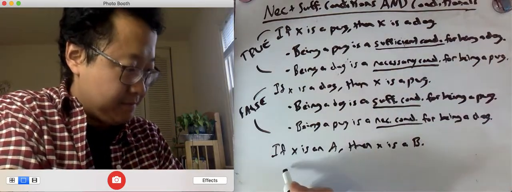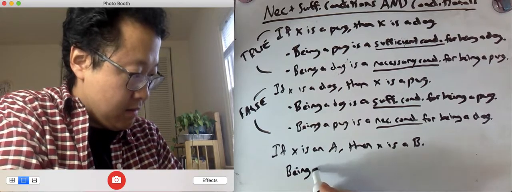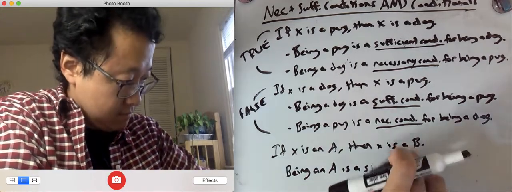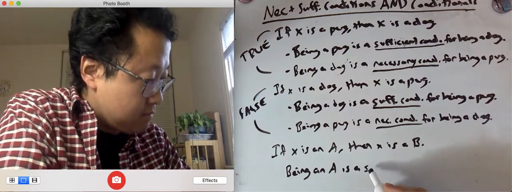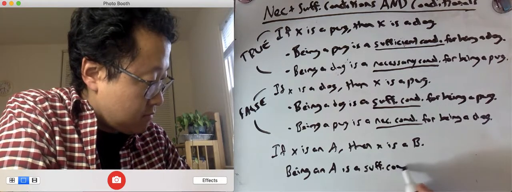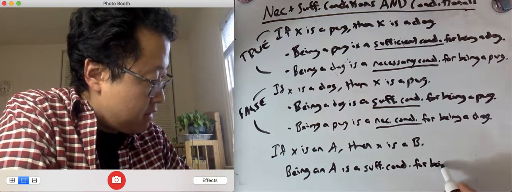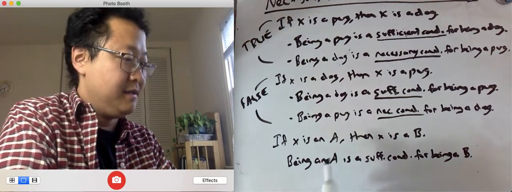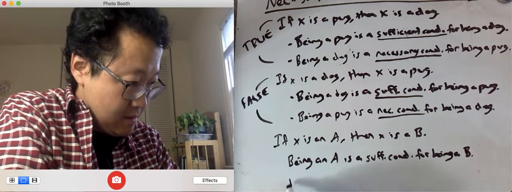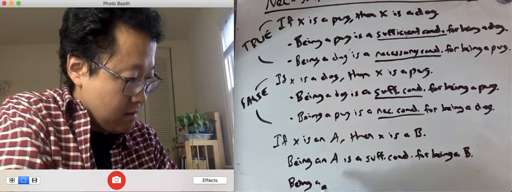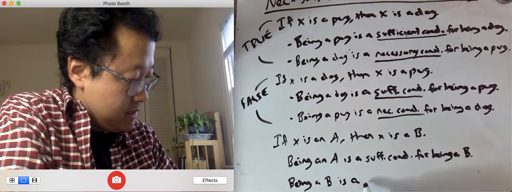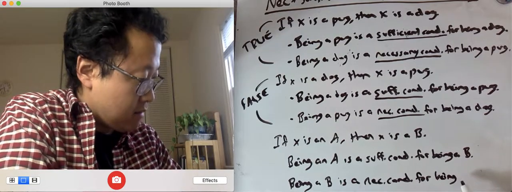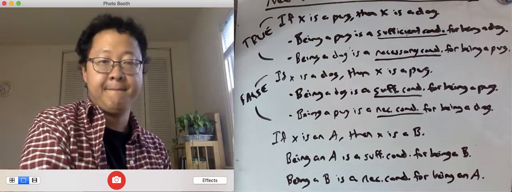So we're saying being an A is a sufficient condition for being a B. And this is equivalent to saying being a B is a necessary condition for being an A. Okay?